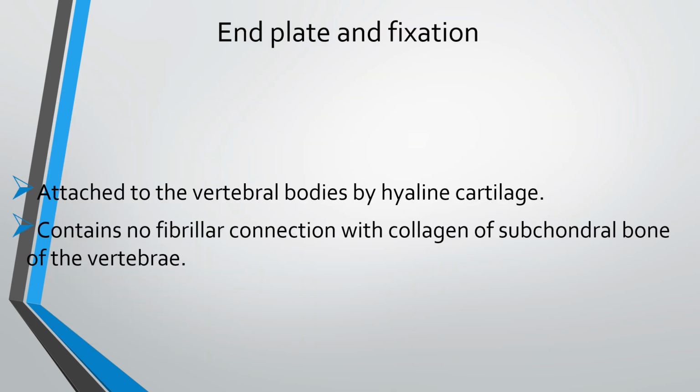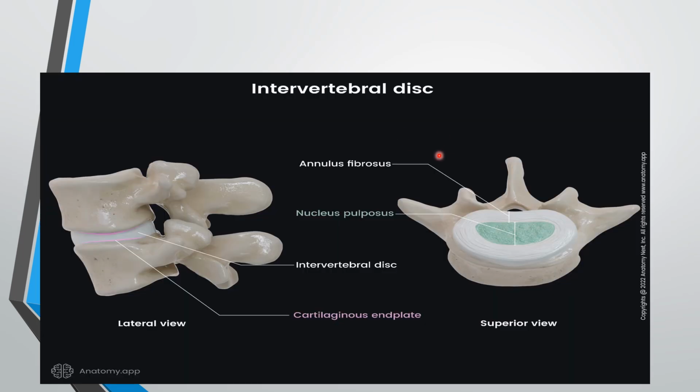Then you have the end plate and fixation. These are tied to the vertebral bodies by hyaline cartilage. It contains no fibrillar connection with collagen and subchondral bone of the vertebra. So here's a diagram that summarizes the whole thing.